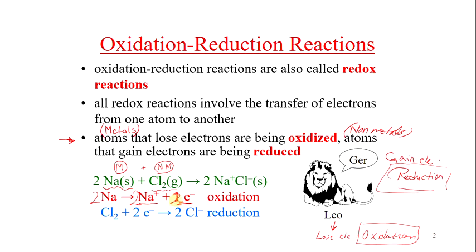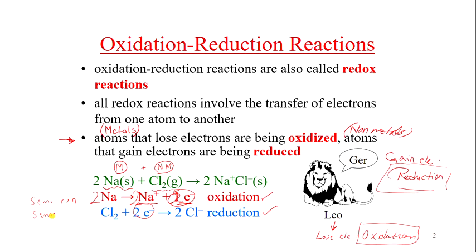As you see here, 2 electrons lost by sodium, 2 electrons are gained by chlorine. Losing electron, we call it oxidation. Gaining electron, we call that reduction. Always we need to have these two as a pair of reactions. So sometimes we call that semi-reaction.